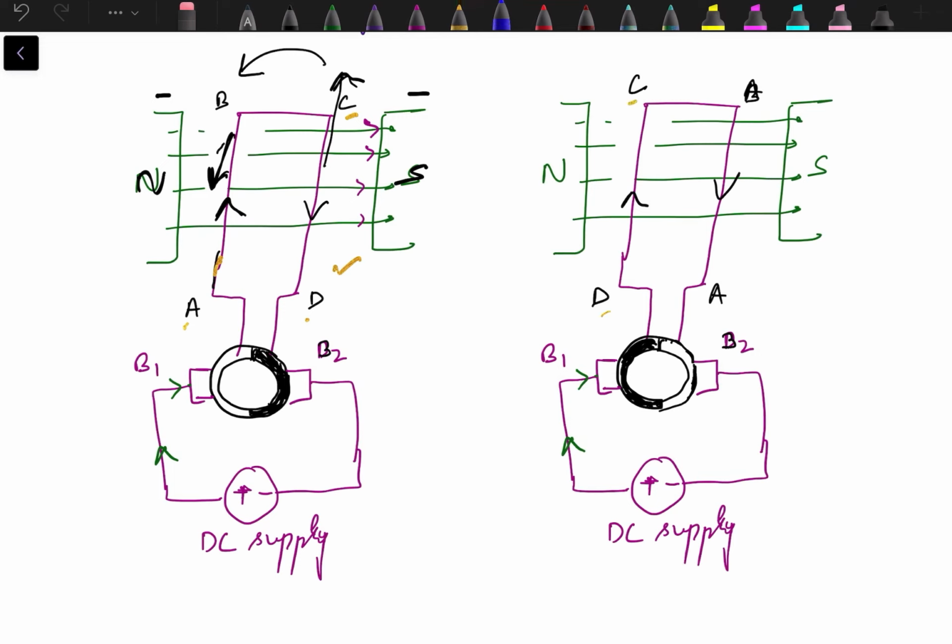Now again we have to find out the direction of force. Conductor CD will experience a downward force while conductor AB will experience an upward force.